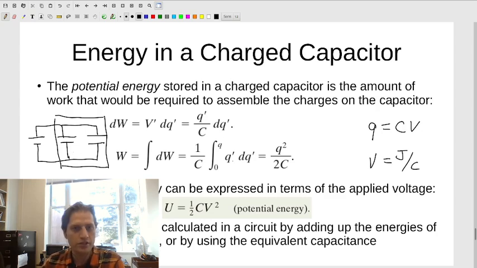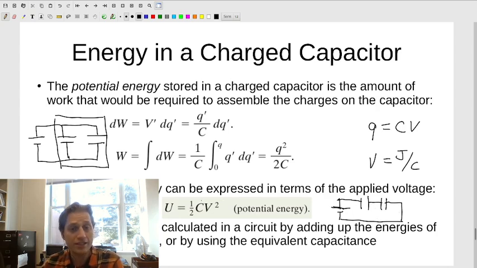Now the only reason why this is a little bit tricky is that if you have a series circuit, if I have one capacitor after another, the voltage of the battery is shared between these two capacitors. And when you use this expression, you have to consider the actual voltage across each one of those capacitors, not the voltage across the whole thing, to find the energy on each one.